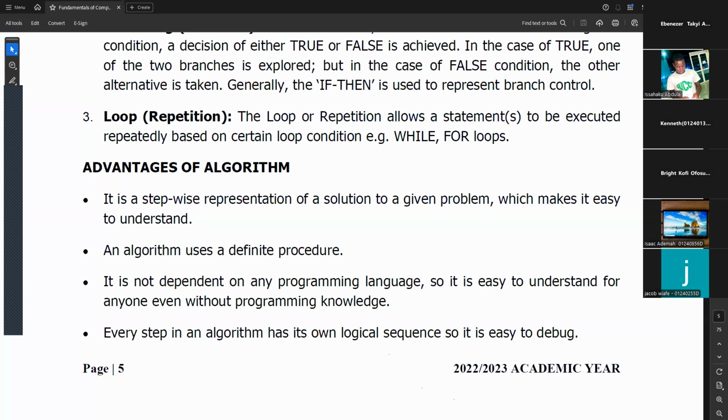Sometimes you might not see it until you implement the algorithm in a programming language. Sometimes it's not visible. It won't come to you as an error because you don't write it like a code that you are going to run. It's just step by step.